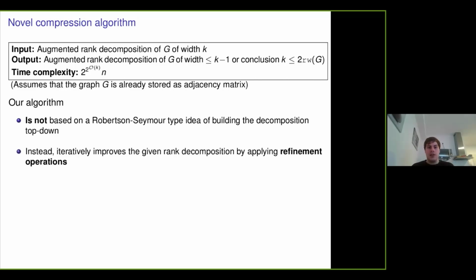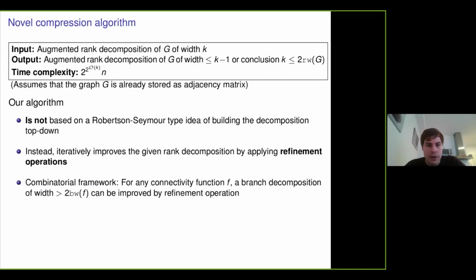Instead, we iteratively improve the given rank decomposition by applying specific refinement operations. We prove that there are specific operations we can use to improve a rank decomposition if its width is larger than 2 times the rank width.